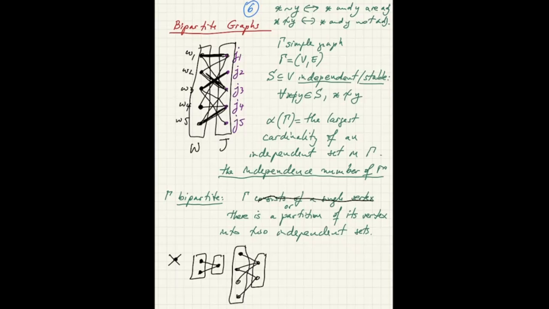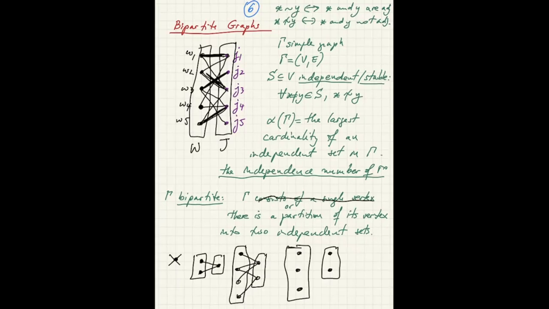You can have a bunch of isolated vertices, and that's also a bipartite situation. You see the partition is not unique. You can partition this vertex set with 5 isolated vertices in many ways into 2 independent sets and so on.